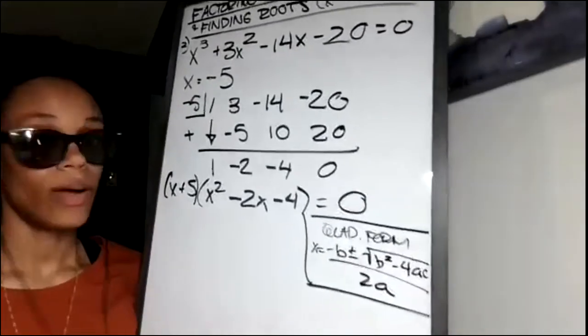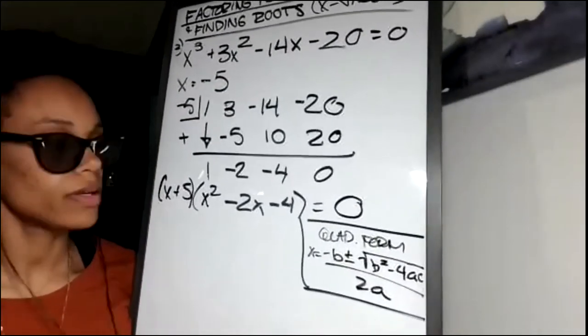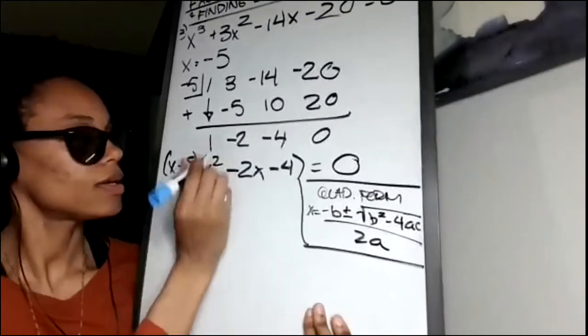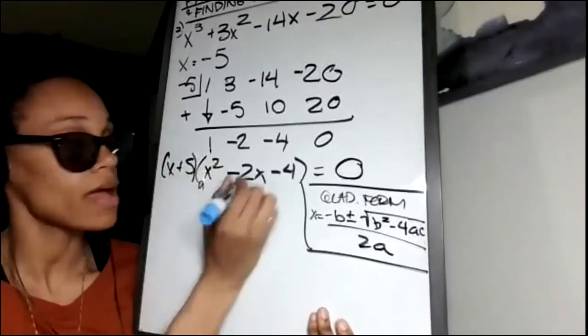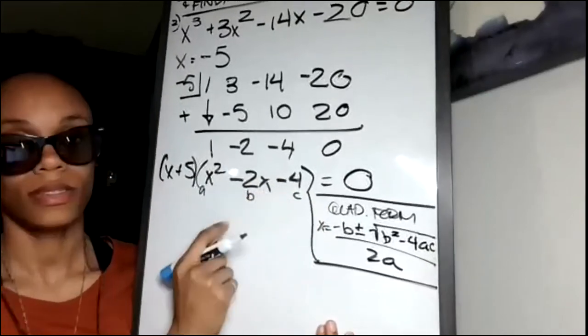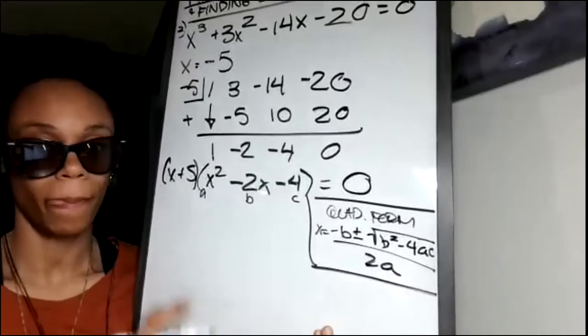So yeah, when you're factoring quadratics, if everything else fails, you have to go back to your quadratic formula. So, and that's where this is, the coefficient is a, this is b, and this is c. And we keep these signs attached to the term.